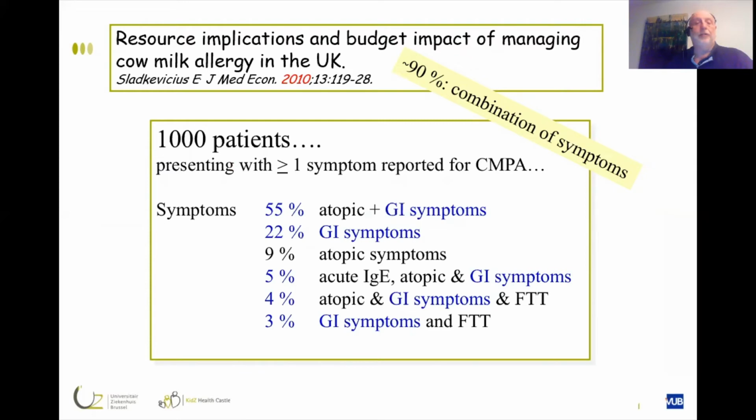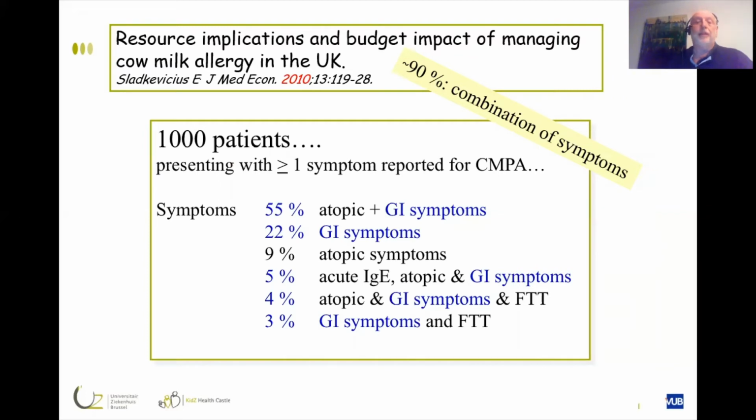And that's illustrated also in these data of 1,000 patients, where it said that 55% present with atopic skin manifestations and gastrointestinal symptoms, 22% with only gastrointestinal symptoms, 5% with acute IgE, atopic and gastrointestinal symptoms, 4% with atopic and gastrointestinal symptoms and failure to thrive, 3% with gastrointestinal symptoms and failure to thrive.